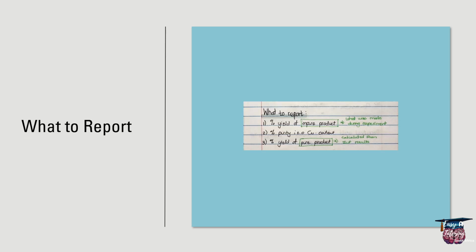Now, something that I do like to add is a little section that says what to report. So what is expected of me after I do this experiment, and then report on it. This is quite important for me, because you then know what type of calculations you need to prepare for.